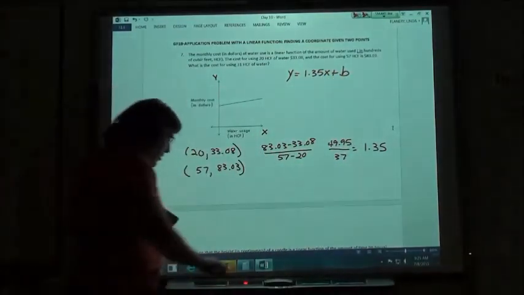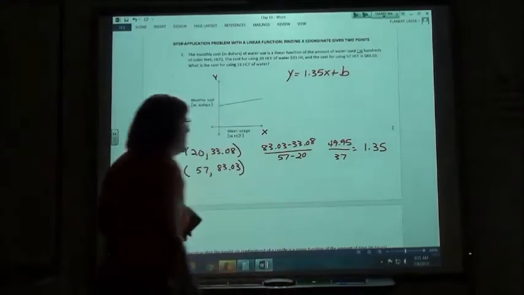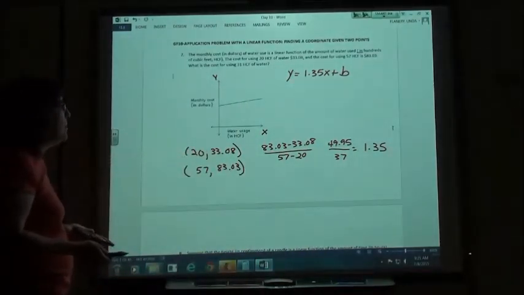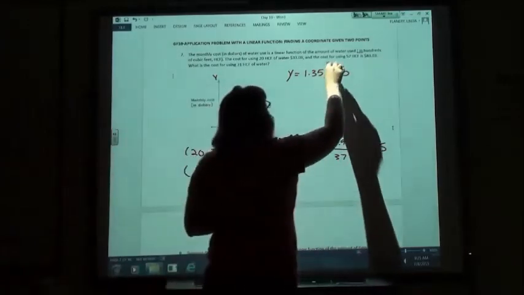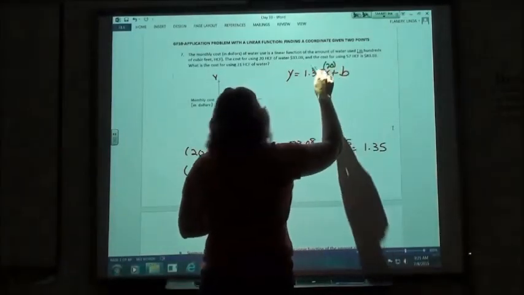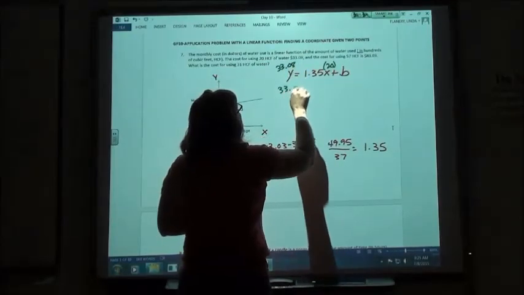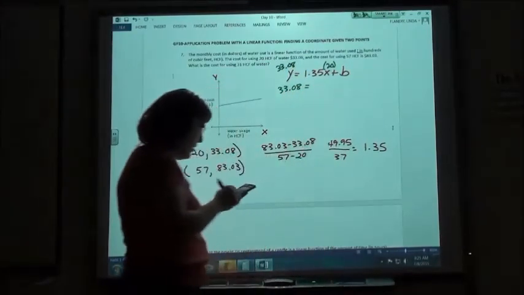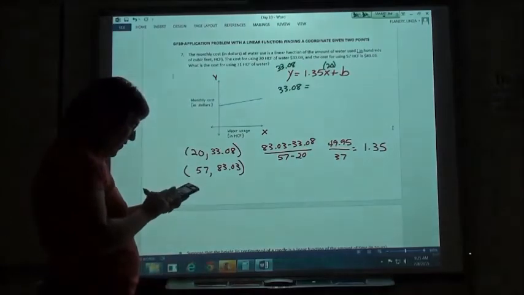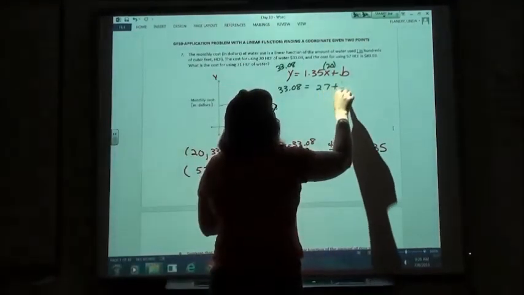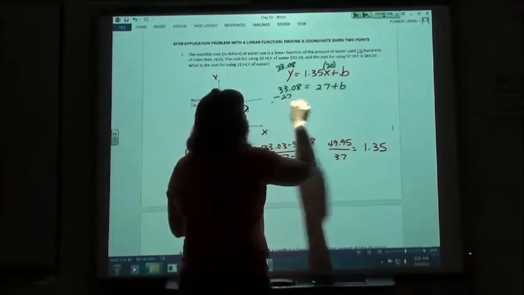Now basically I'm going to do the problem like I did the previous ones. I'm going to use either of those 2 points, substitute them in so I can find my y-intercept. So I know that when x was 20, y was 33.08. So 33.08 equals 1.35 times 20, which is 27, plus some number b, so I'm going to subtract my 27.